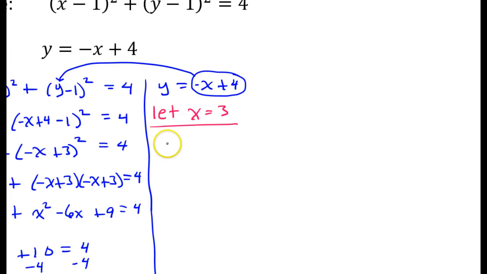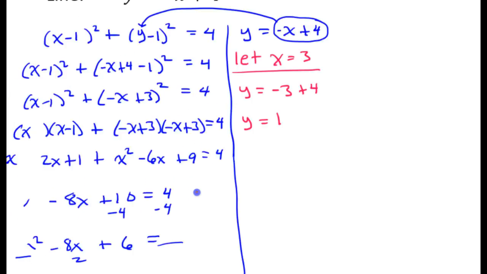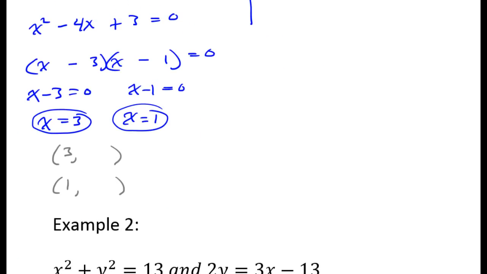Then what we have is y equals negative 3 plus 4, so y equals 1. If x equals 3, y equals 1. So that is the y value that goes with 3: 3 comma 1. Now let's let x equal 1.